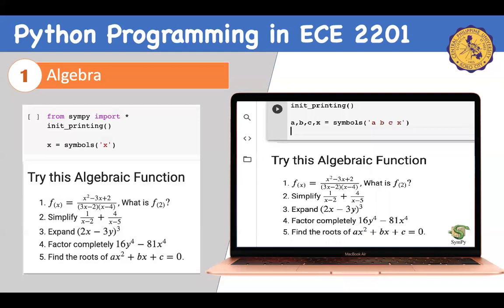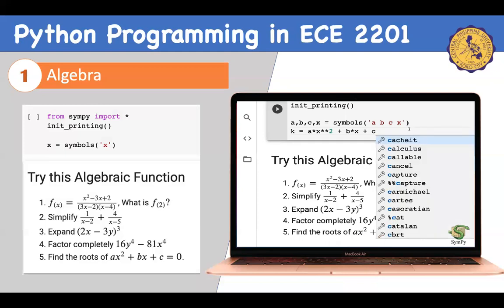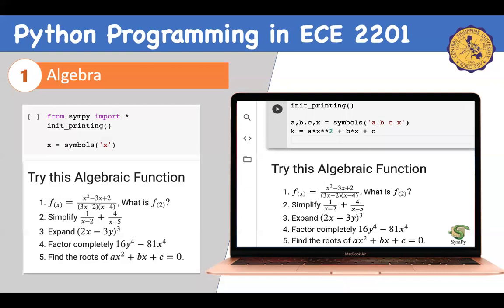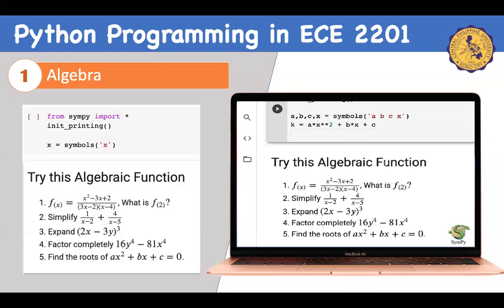To find the roots of this function, we are going to equate this function to k, replacing 0. We will change 0 to k. This is now your k equals ax squared plus bx plus c.